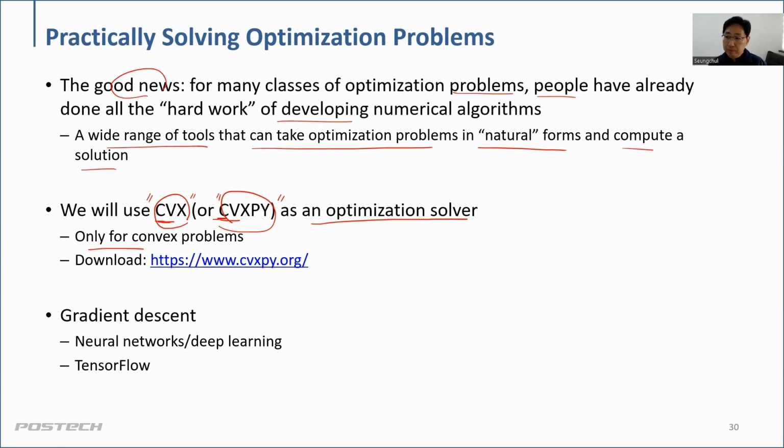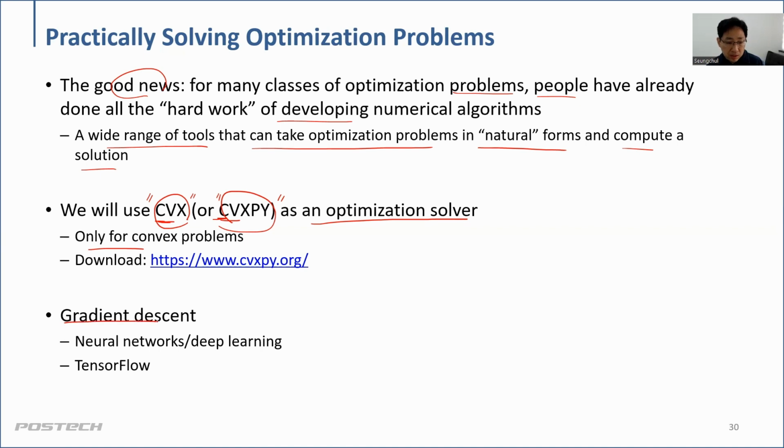Probably next time the TA is going to demonstrate how to use CVXPY in the Colab Python environment. So part of the next lecture is going to be the TA showing you how to use Python in Google Colab with the CVXPY libraries.